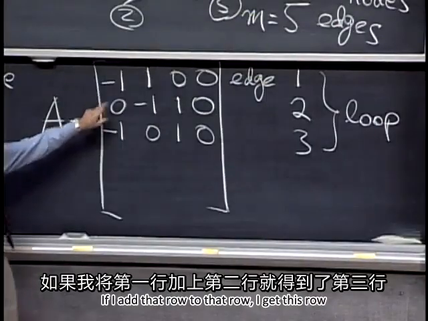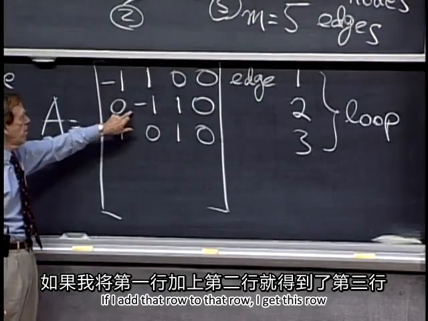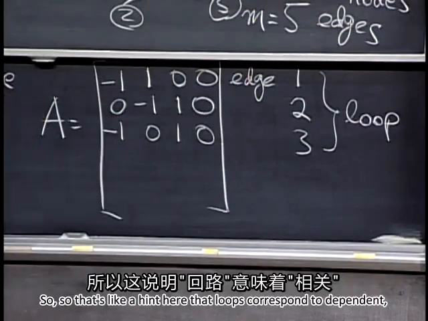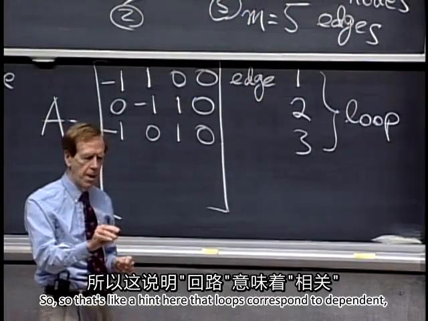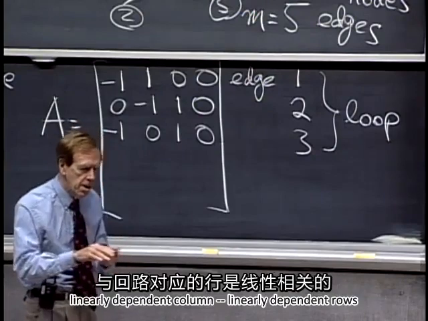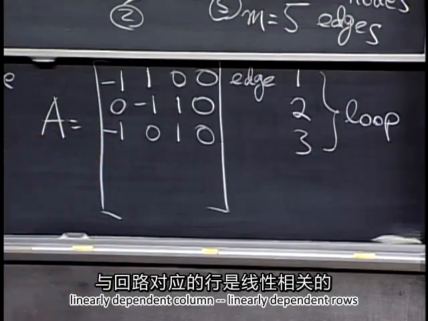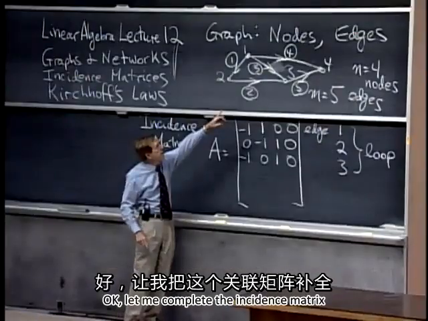Yes. If I add that row to that row, I get this row. So that's a hint here that loops correspond to linearly dependent rows. Okay, let me complete the incidence matrix.